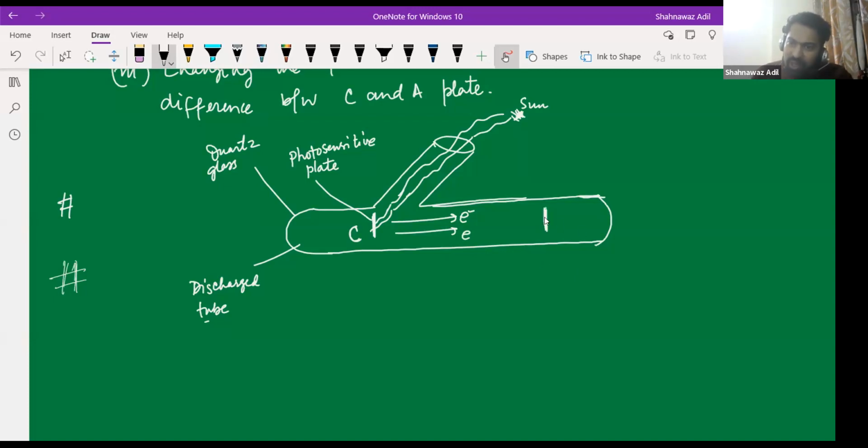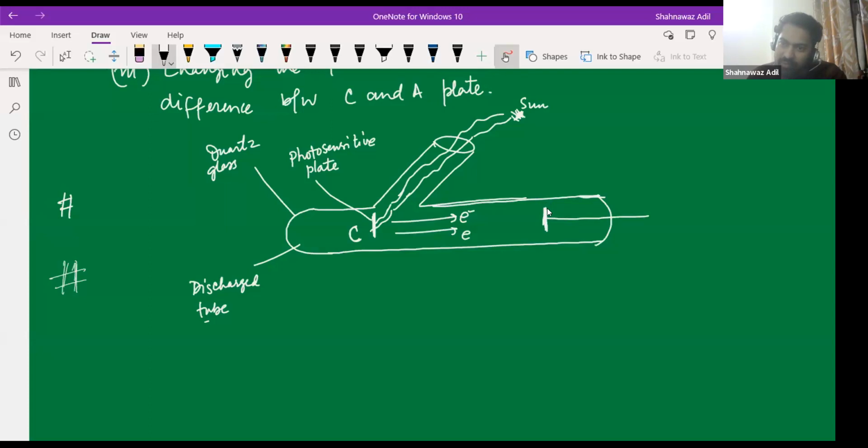Let's say this is positive potential and this is negative, so this potential will attract these charges and we can collect them. If we don't have this plate, the electrons will go here and there. So we create a potential so that these charges get attracted and fall on this plate.